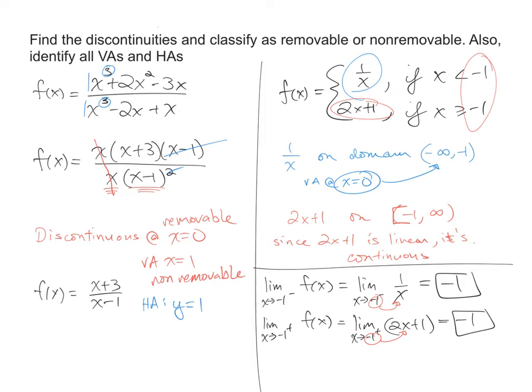So we have a left and right limit equaling -1. If you will recall that a limit can still exist if there's a hole in a graph. So the last thing we need to check is that the limit as x approaches -1 of f of x is the same thing as f of -1.